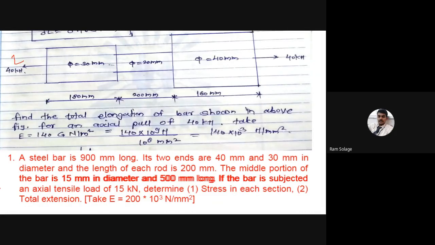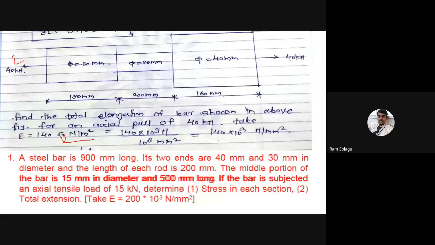Written. In this problem, the value of E is given in giganewton per meter square. But ultimately we have to convert E to Newton per mm square. So giga means 10 raised to 3. That is 140 into 10 raised to 3 Newton. Again, meter square means 10 raised to 6 mm square.